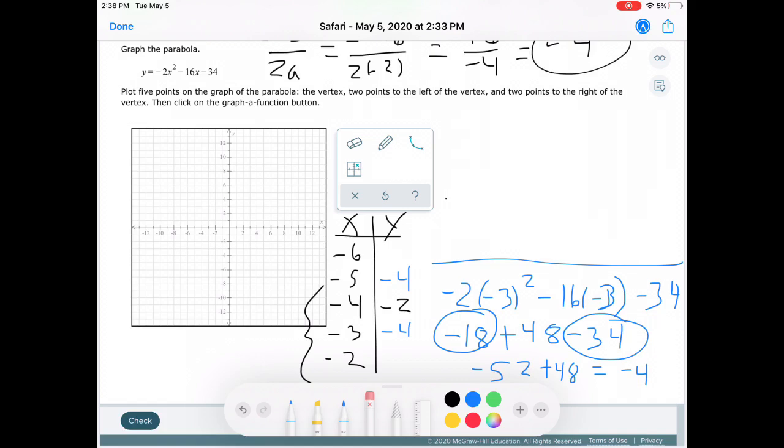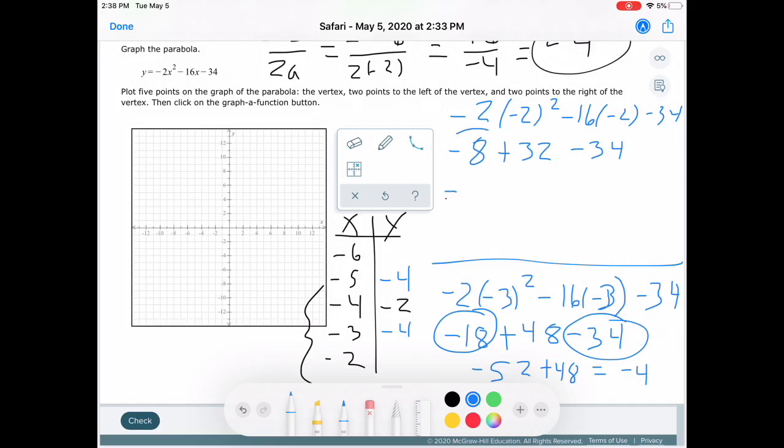All right, so let's go to our last coordinate here. So negative 2 times negative 2 squared minus 16 times negative 2 minus 34. So negative 2 squared is 4 times negative 2 gives us that negative 8 plus 32 minus 34.